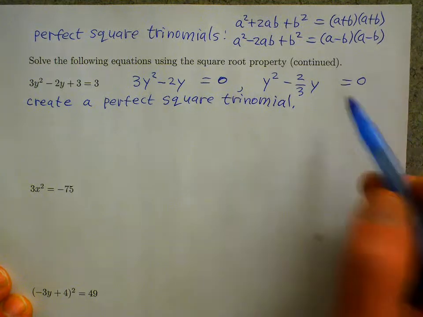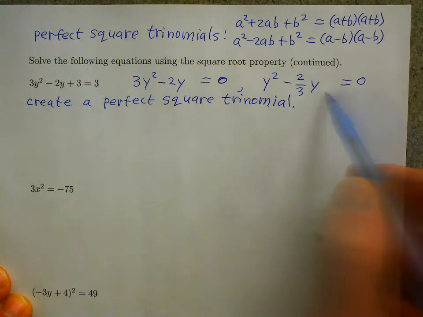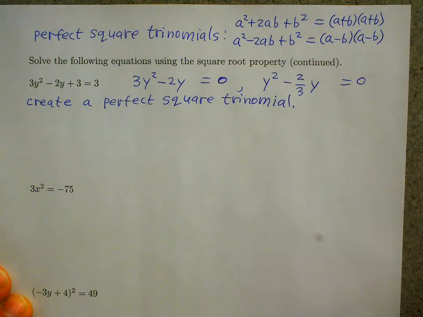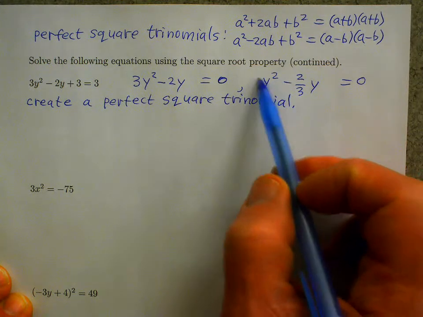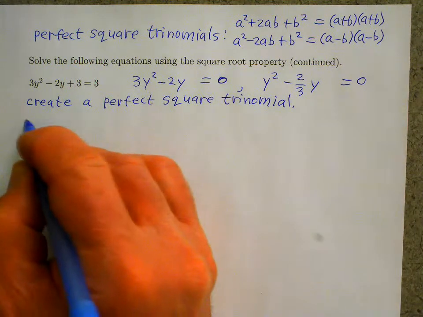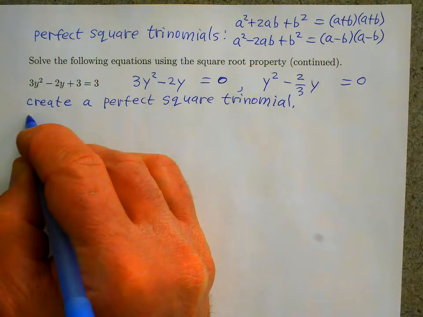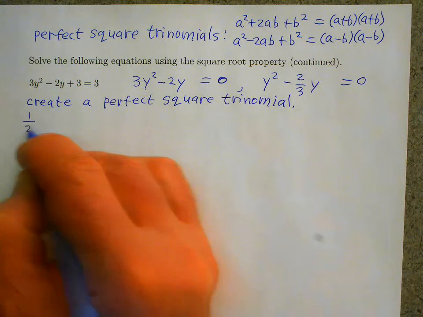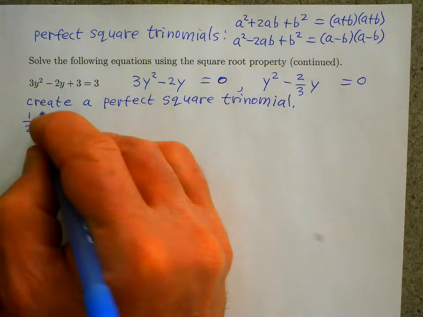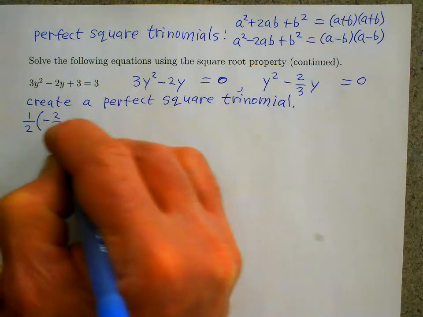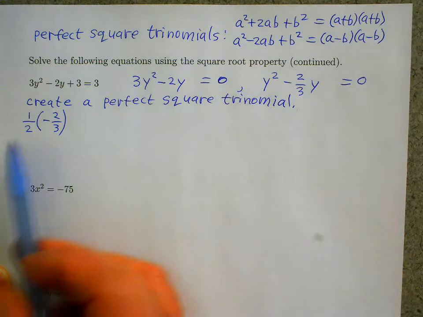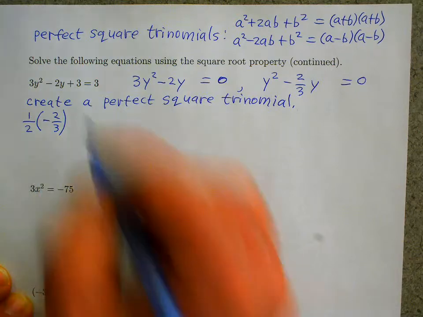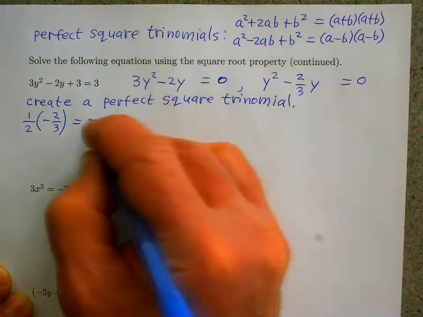Okay, so how do we know what number to add to both sides? When the coefficient of y squared is 1, what we do is we compute 1/2 of the coefficient of y. So 1/2 of negative 2/3. Negative 2/3 is the coefficient of y. 1/2 of that is negative 1/3.